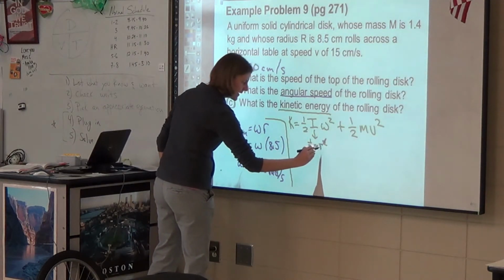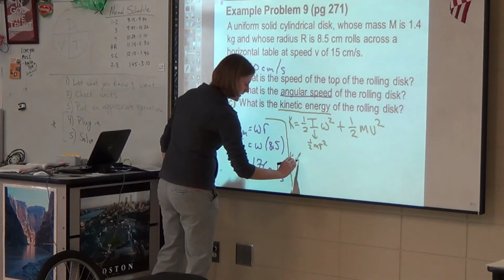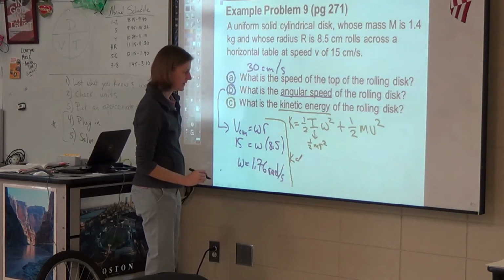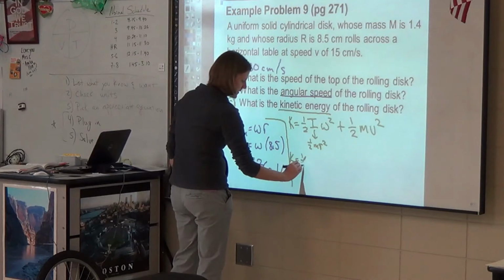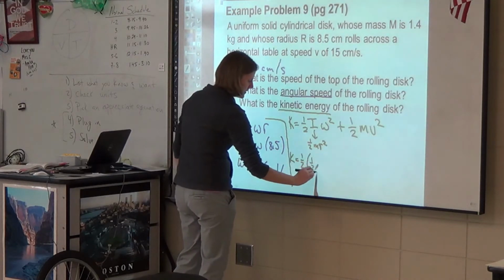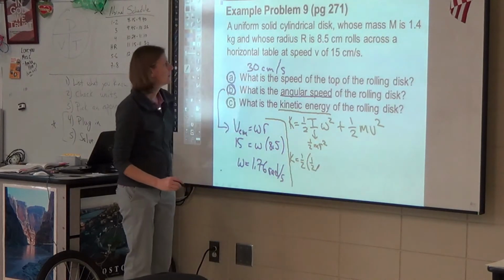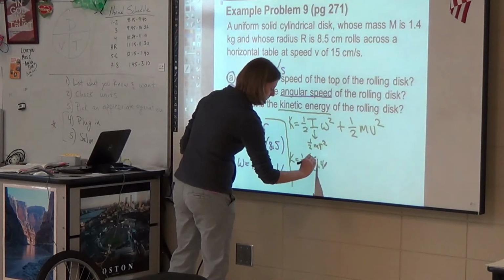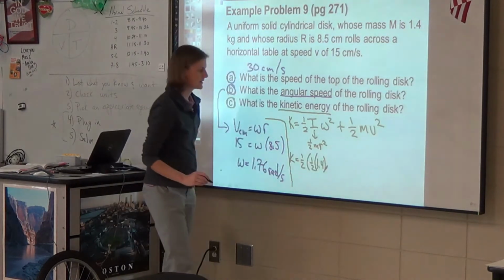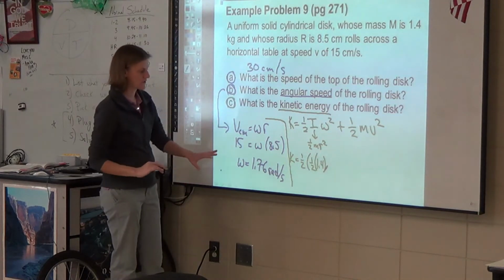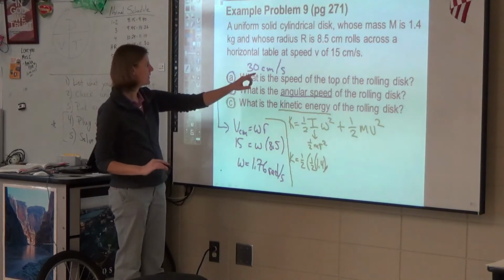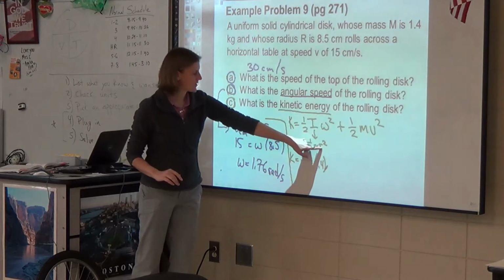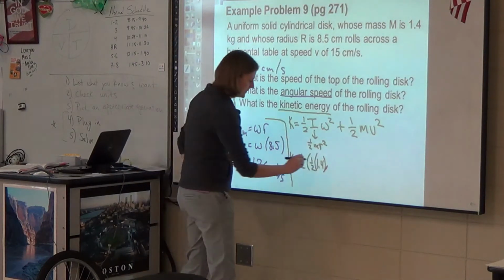All right, so hopefully we have all of this and fit it in this line. Do we have the m? Yes, 1.4. Let's put everything in meters, standard metric units, so change the radius to 0.085.